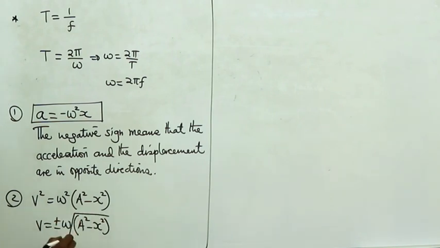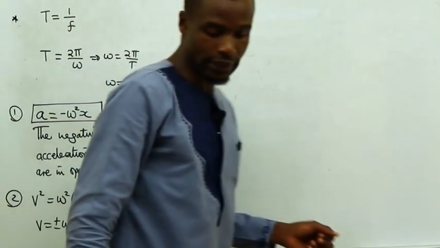Now this one has to be under root. Any of these two here for velocity. I will show you how that comes about.